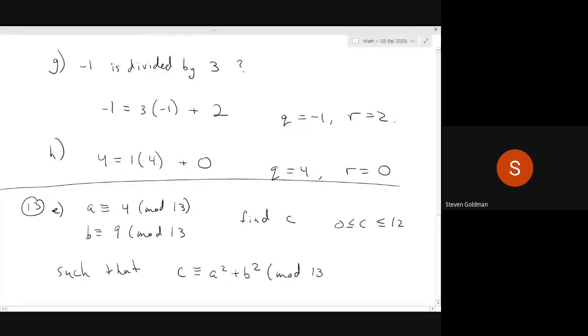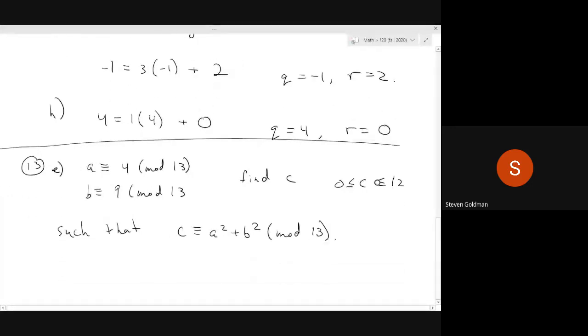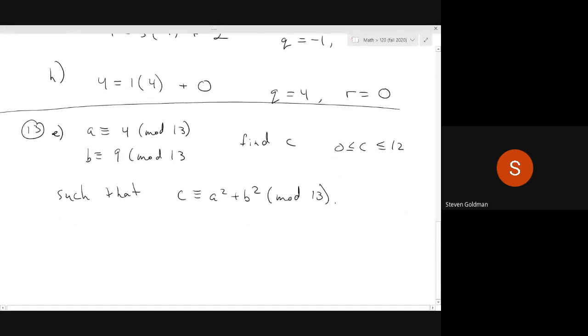One of our theorems was that if I have congruences, I can multiply them and add them as long as the modulus is the same, and the congruence will still be true. So I'm going to figure out what A squared plus B squared is supposed to be congruent to.